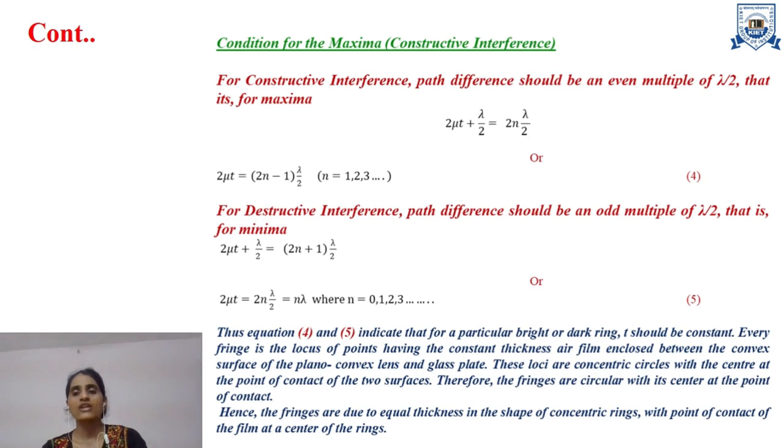These loci are concentric circles with the center at the point of contact of the two surfaces. Therefore, the fringes are circular with their center at the point of contact. Hence, the fringes are due to equal thickness in the shape of concentric rings with the point of contact of the film at the center of the rings.